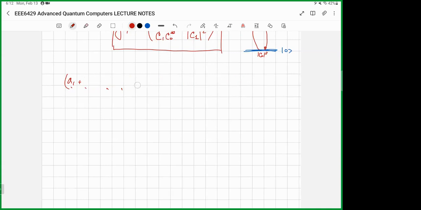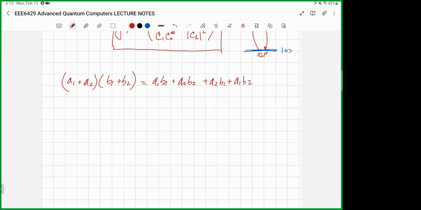Instead of this, let's write a1 plus a2 times b1 plus b2. So I will get a1 b1 plus a2 b2 plus a2 b1 plus a1 b2.